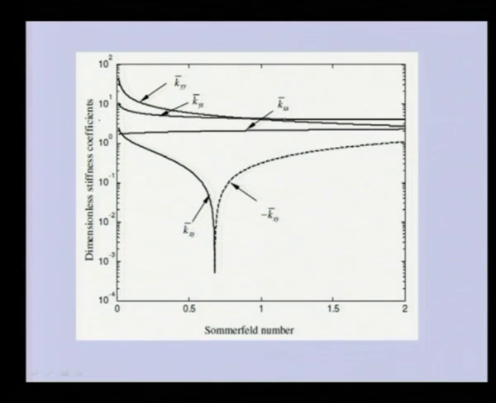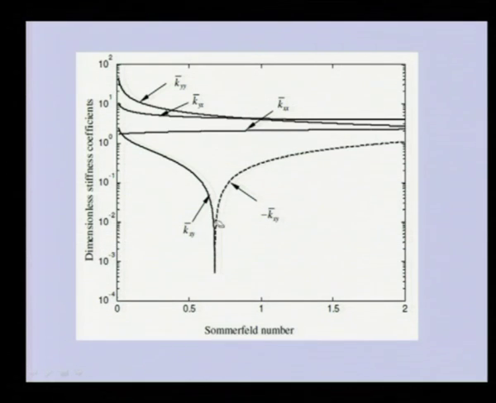You can see the variation of kxx, kyy, kyx. The kxy becomes negative, so it has been shown in this region as a dotted line, because this is a semi-log plot.